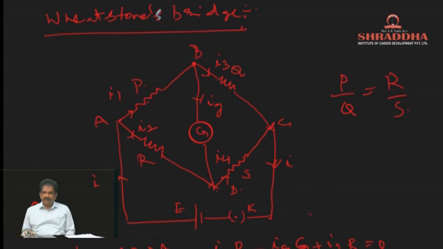Mathematical form of Kirchhoff's first law is sigma I equal to 0. Mathematical form of Kirchhoff's second law is sigma IR equal to 0 or sigma V equal to 0. And Wheatstone bridge is saying when it is balanced, the condition to be satisfied is P by Q equal to R by S.